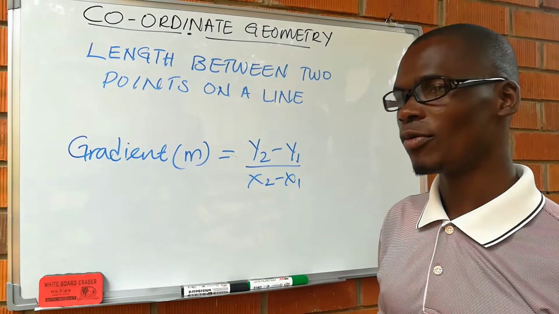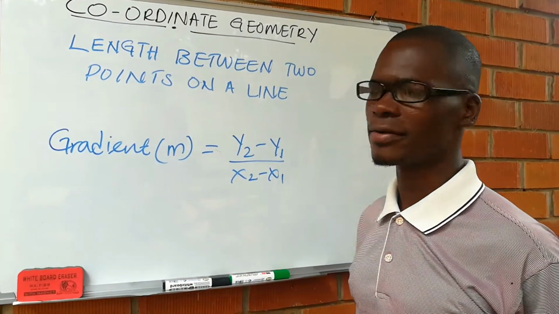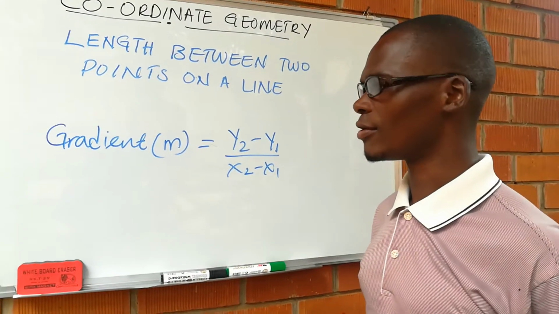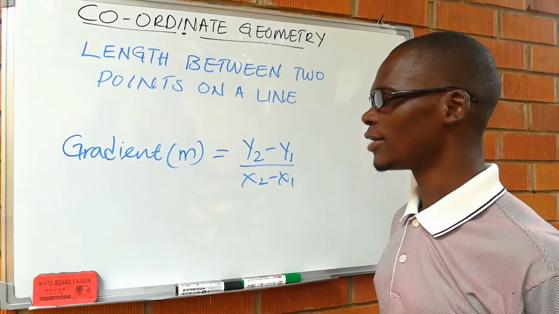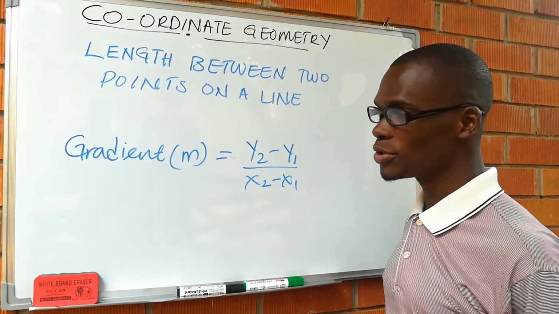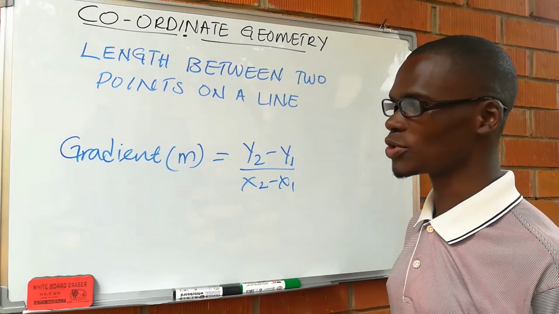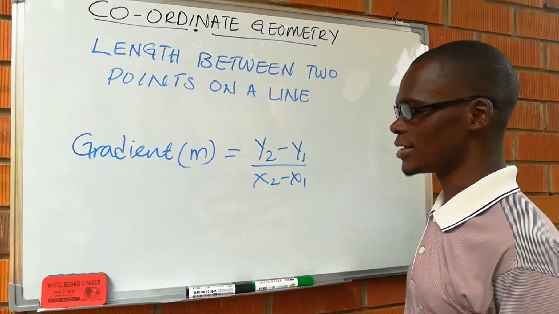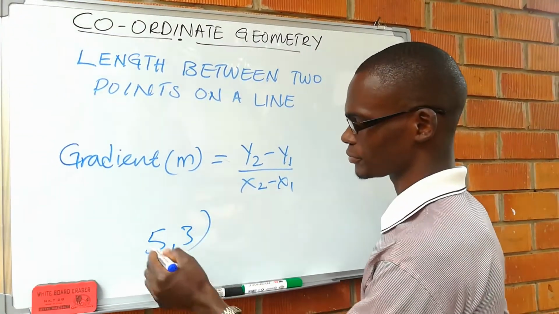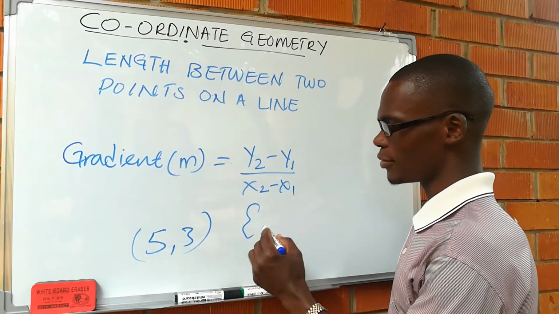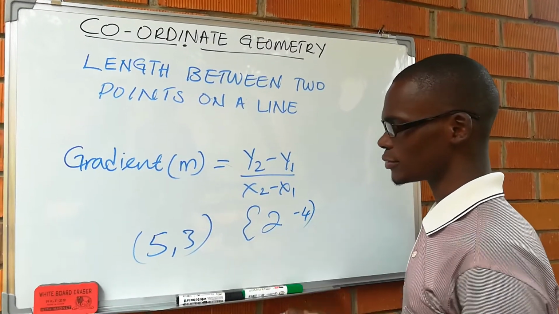And when you are given a question requiring you to find the gradient of the line passing through some given points, we shall choose 2 points. If we are given more than 2, we choose 2 points. Let's say we have 1 point, maybe 5, 3, and another point, maybe 2, negative 4.